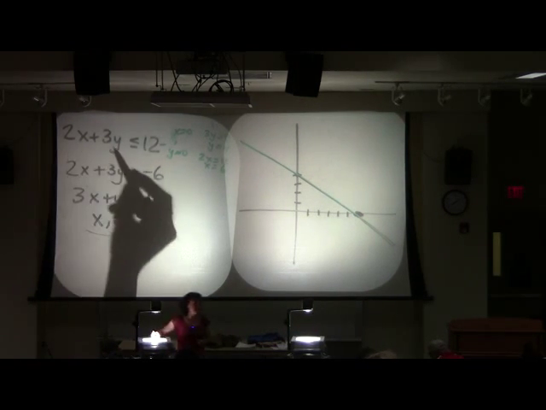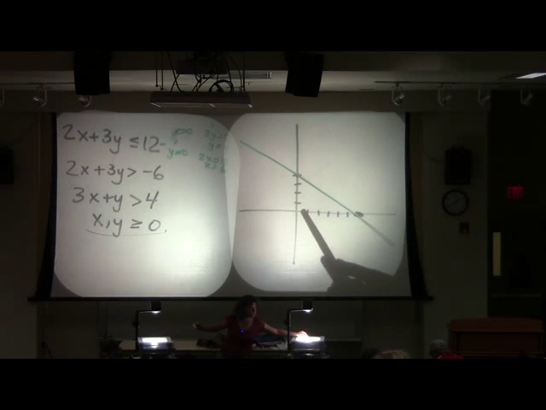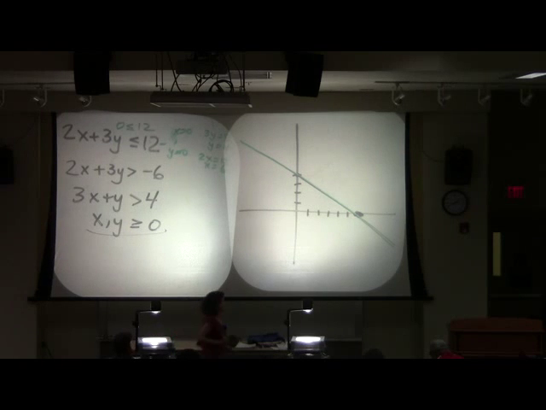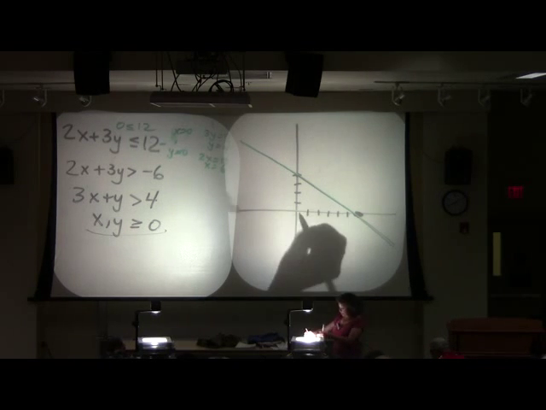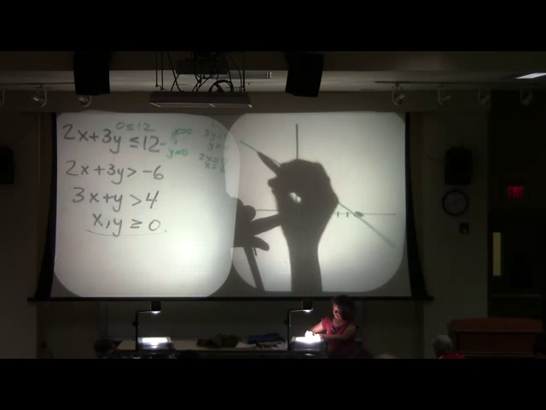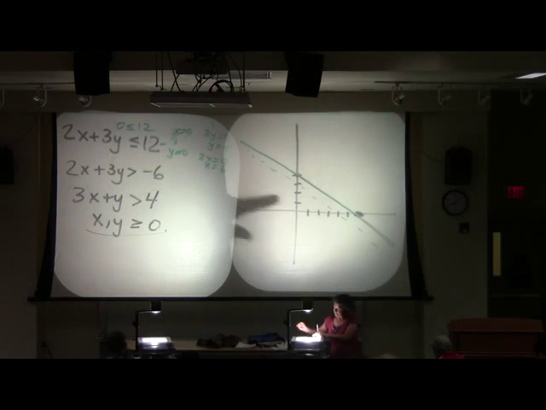So I'm going to take my test point of (0, 0). If I plug in (0, 0), don't I get 0 is less than or equal to 12? Is that true? It sure is. So since (0, 0) lives on this side, I'm going to shade on that side. You guys okay here? Cool.